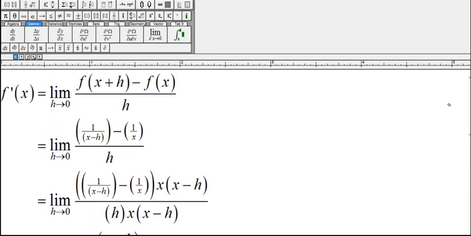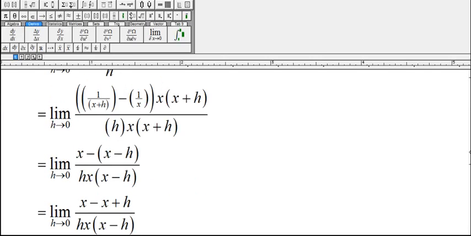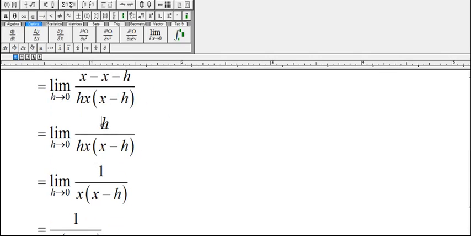Oh, this should be x plus h right here. There it is. X plus h. X plus h. There we go. Okay, and then when you distribute the negative, that's minus. Then this is minus h, so this gets to be minus 1.